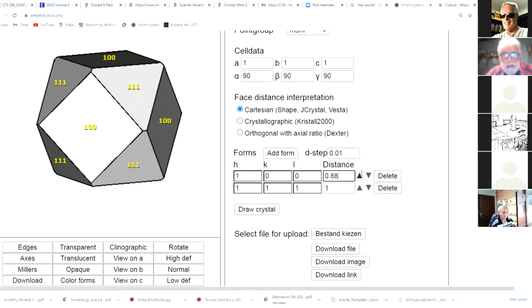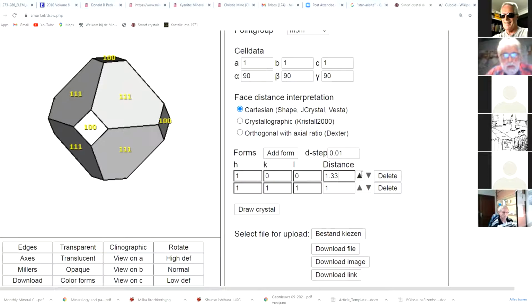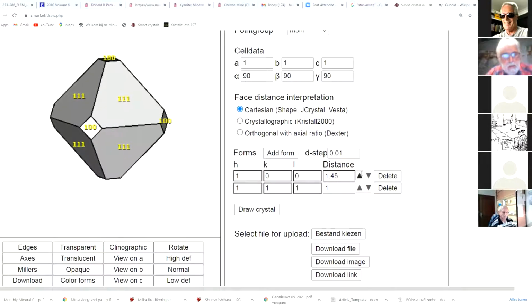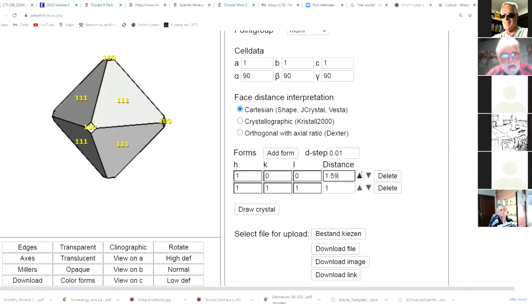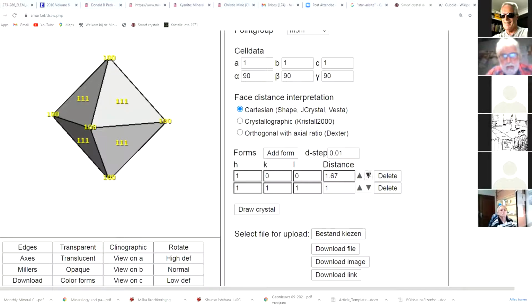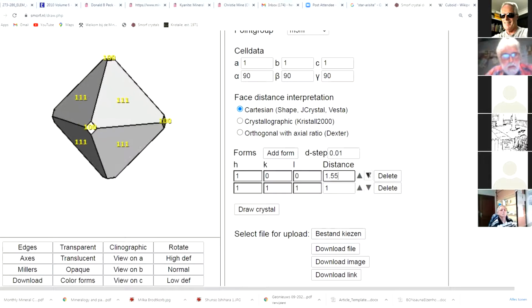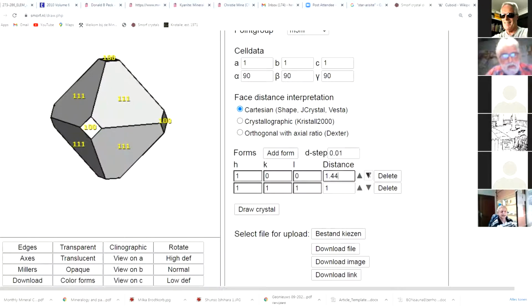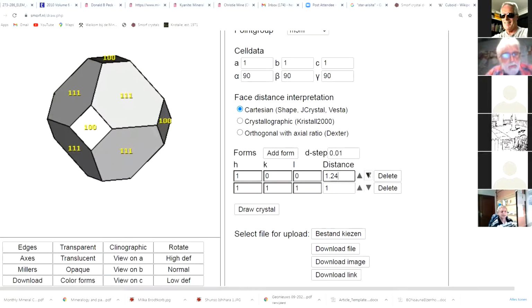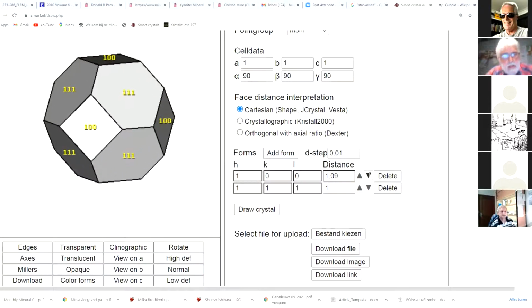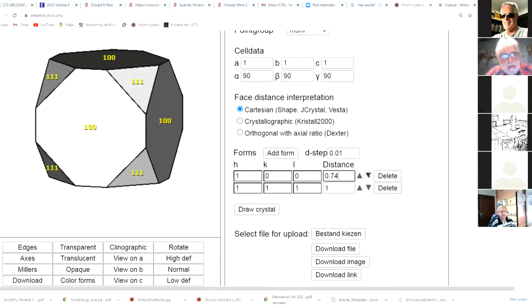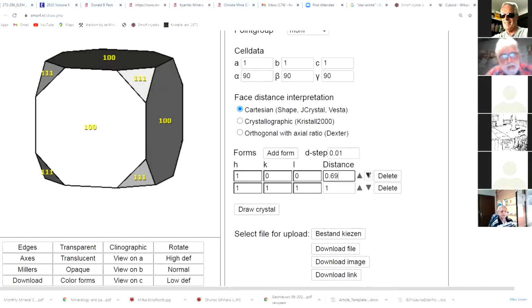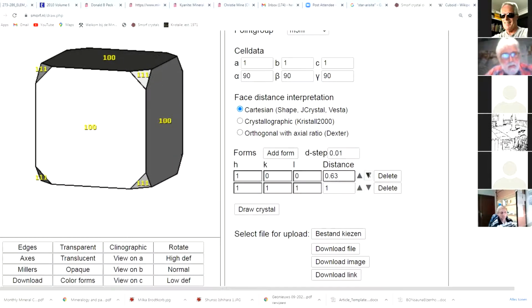And this might actually show you what will happen eventually. Let's go back to, okay. So you start out with an octahedron, so to speak, and then the octahedral faces, they grow more rapidly than the cubic faces, and then eventually they will grow so fast that they will disappear, and you will end with a cube.